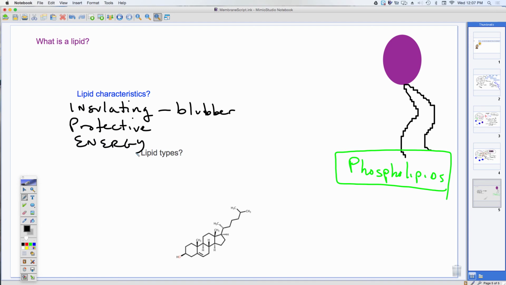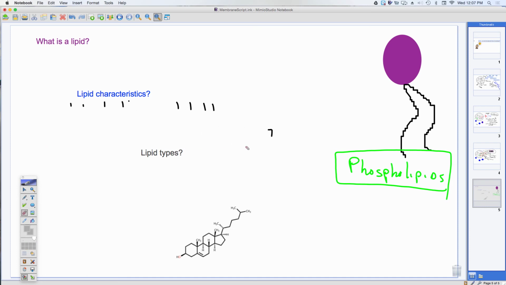Lipids are energy. And if you just think about the value of oil or gas in your car, you can see how this is energy in terms of fueling things, but it's also energy for your body.